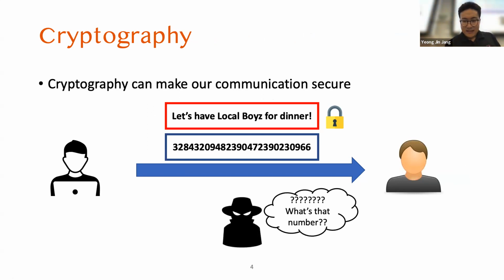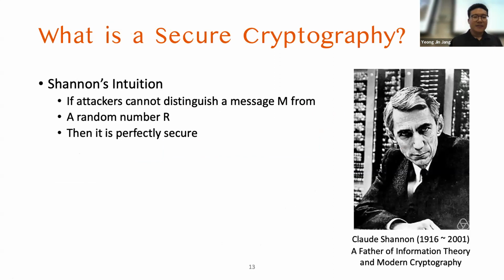Shannon's intuition is very similar to that. If the attackers cannot distinguish the ciphertext of the message M from a random number that we randomly draw from a random number generator, then it's perfectly secure.